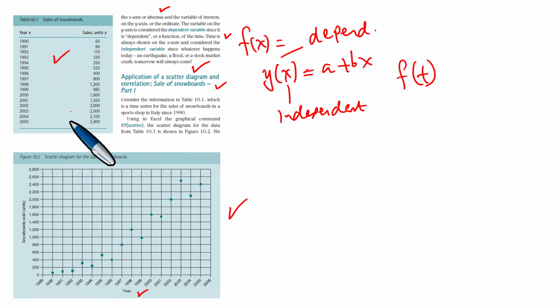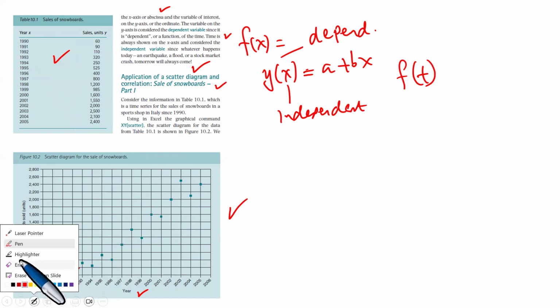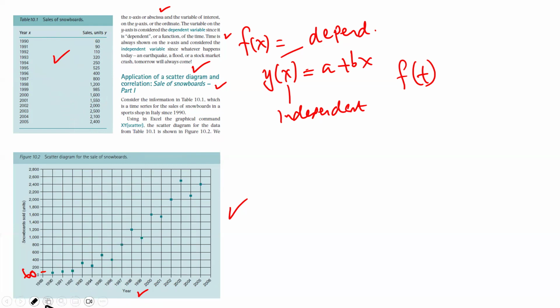On the vertical axis you can see the units; this point is 60, which is just below 200. At 1991 you have 90, and in 1992 you have 110. All these are still below the 200 mark, because you're moving in steps of 200 on the vertical axis.